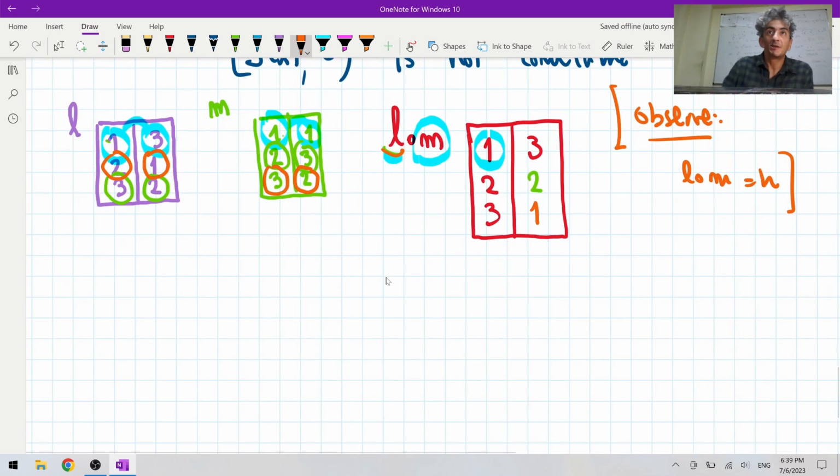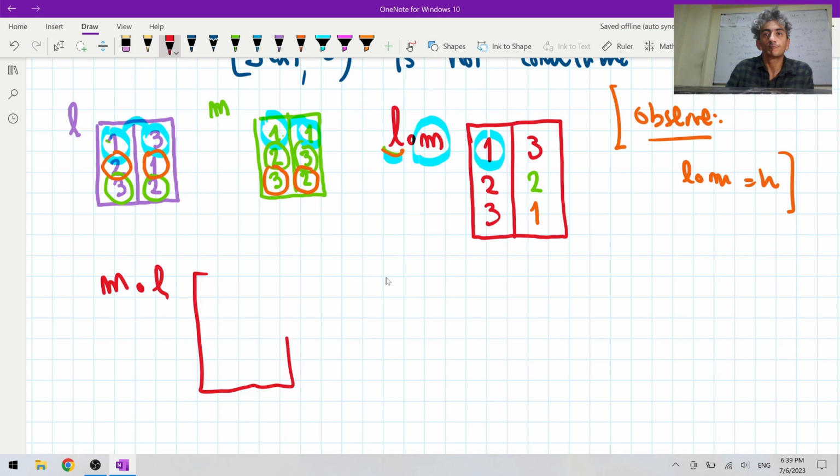Yet, what happens when we do it in the opposite way? Now, we take number 1, give it to L, then L spits out number 3, and M takes 3 and spits out 2.